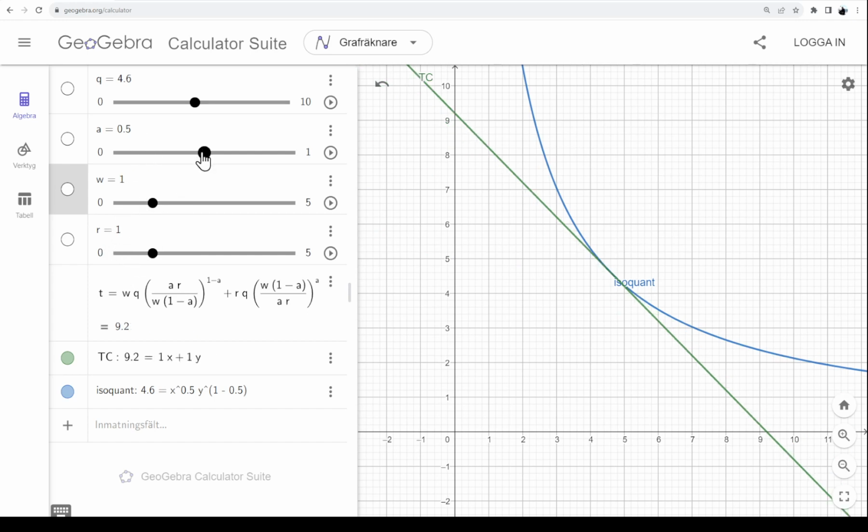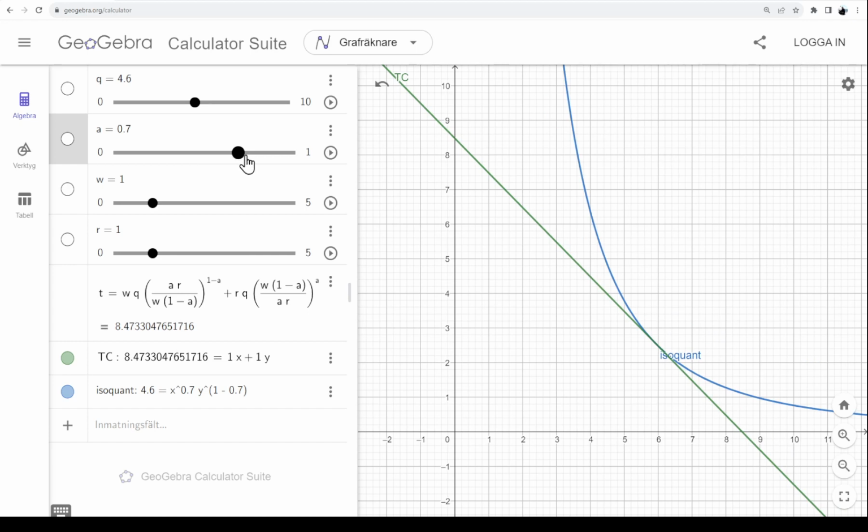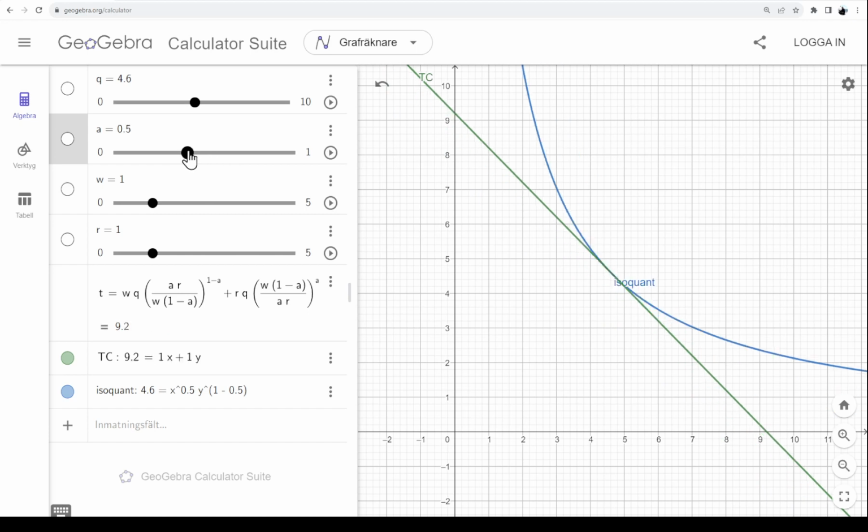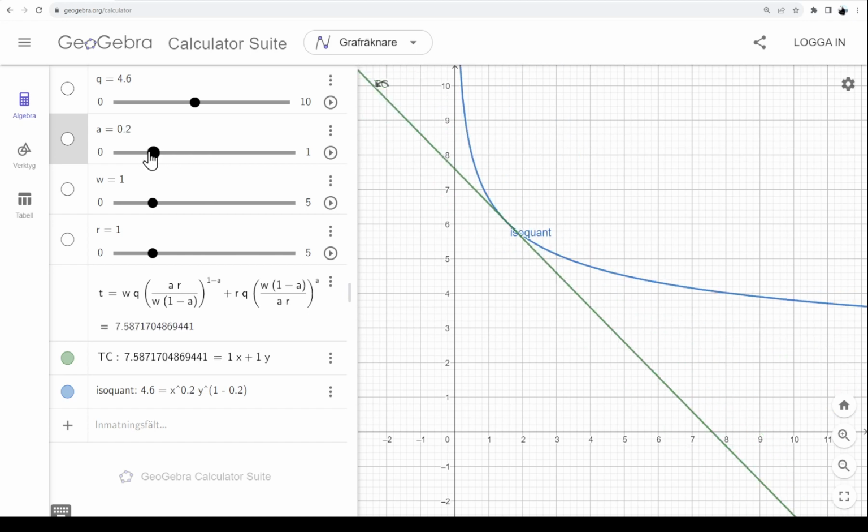I can change the weight, alpha. So alpha appears here. What does it do? Well, it changes the shape of the isoquant and moves the optimum when labor becomes more important. Or if it gives less weight to labor, then machinery becomes more important, or it's more optimal to use more machinery than labor.